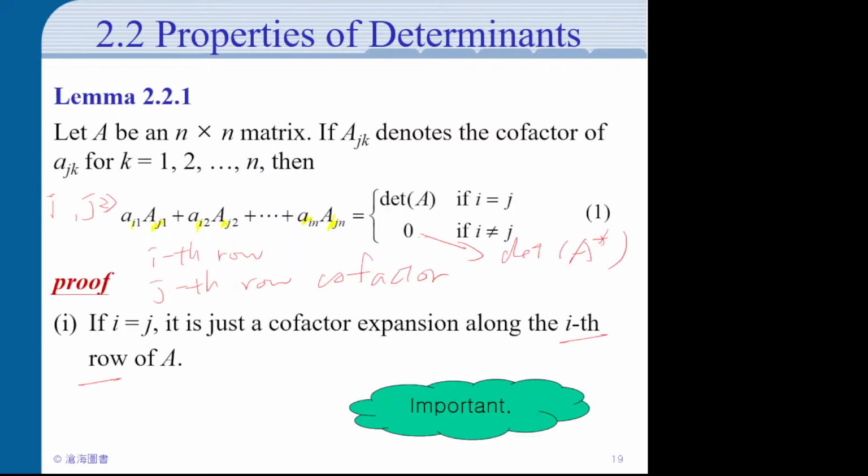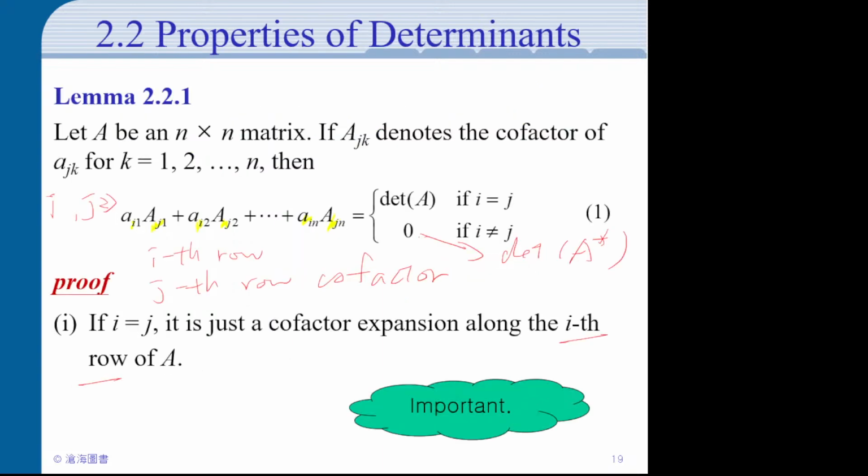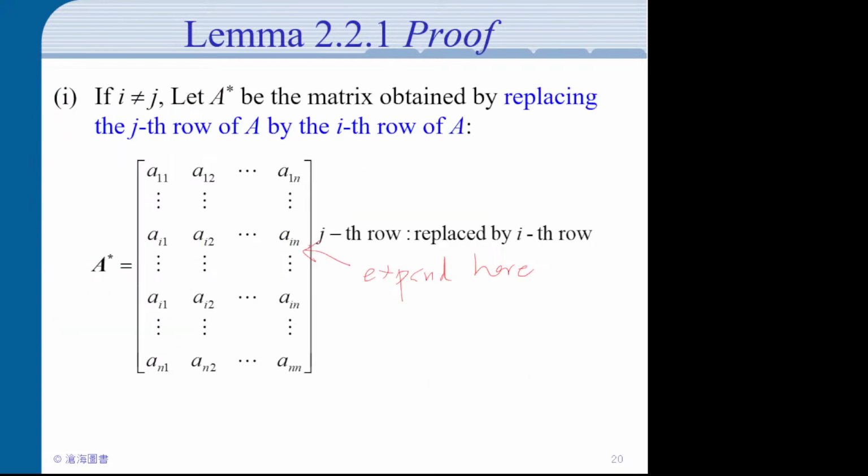Because this thing doesn't depend on the original jth row at all. When you are calculating the cofactors on the jth row, they don't look at the jth row of A, because you keep deleting the jth row. And so you can do this replacement and you can still calculate this thing. So you think about this A star matrix that replaces the jth row by the ith row, and expand here.